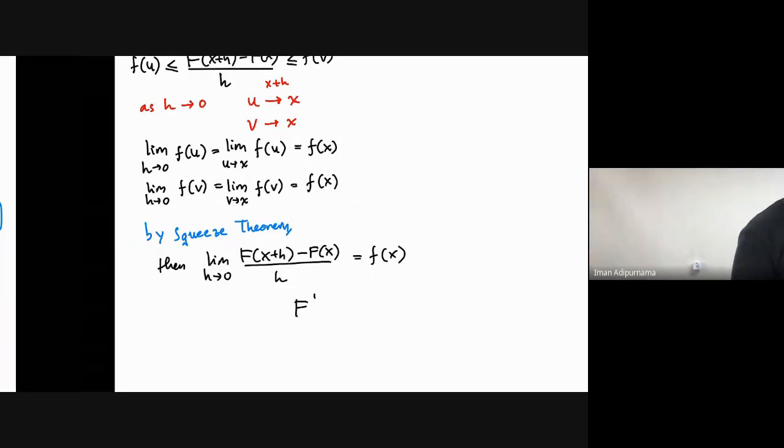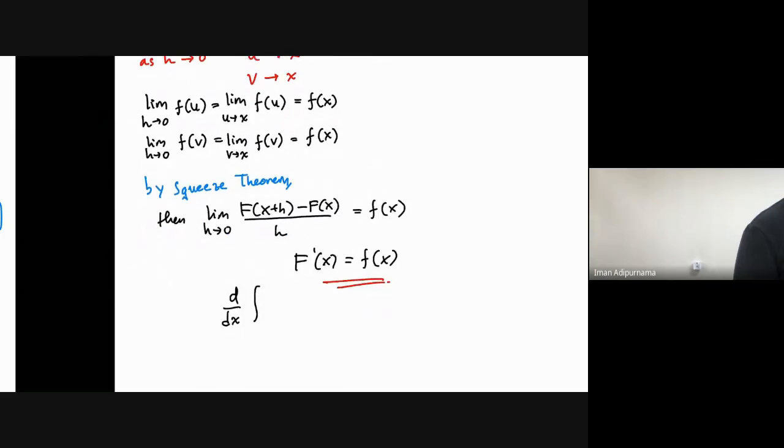F prime of x is f(x). Or we can say that d/dx of the integral from a to x of f(t) dt is going to become f(x).